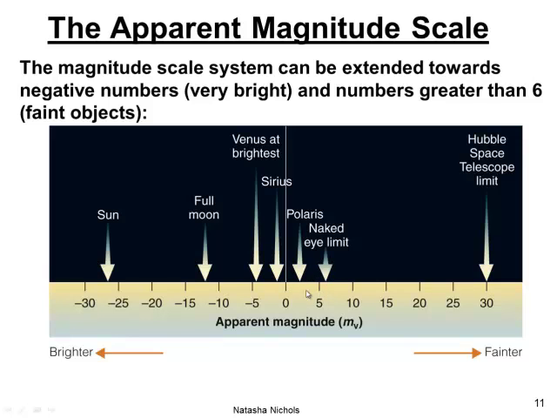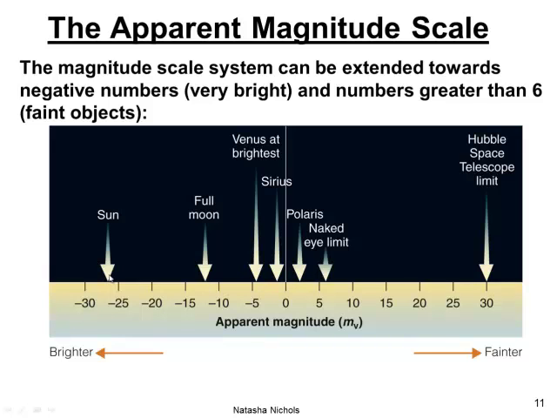Of course, now we're able to see things that are beyond the naked eye limit, that are fainter than that, all the way to 30, which is the Hubble Space Telescope limit. And since there are stars in the sky that are brighter than the brightest star late at night, for example, our sun during the day, which is over here on the scale, we had to actually extend this scale to the negative numbers.